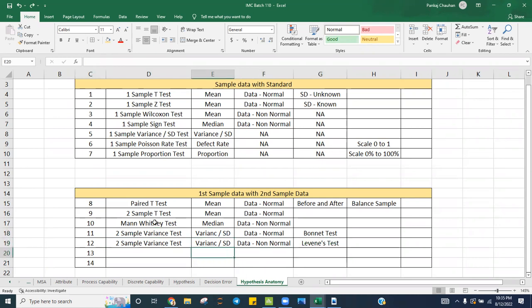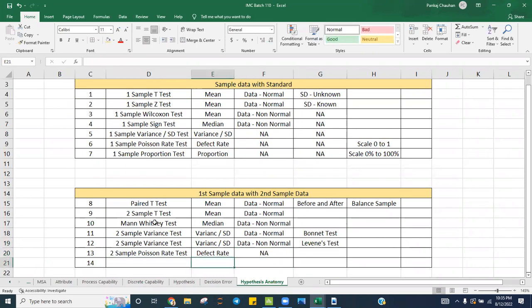Now, in case you are looking for the defect rate, as we saw before in the one sample tests, then we'll be using the two sample Poisson rate test. Whether data is normal or not normal doesn't matter here.